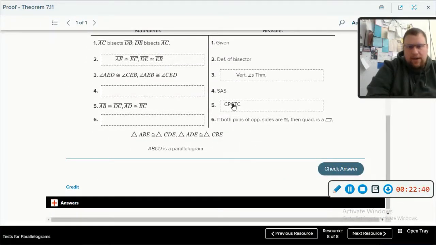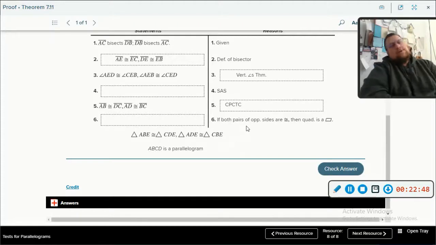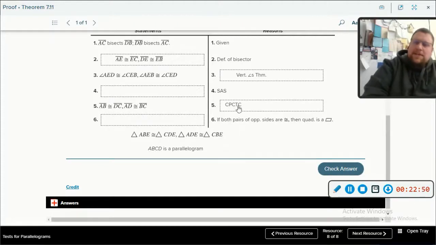CPCTC. I always call it CPCTE, but anyway, CPCTC is just congruent parts of congruent triangles are congruent. Back in the day, I learned it with an E. It just meant they're equal. The same thing, they're congruent. So congruent parts of congruent triangles are congruent.